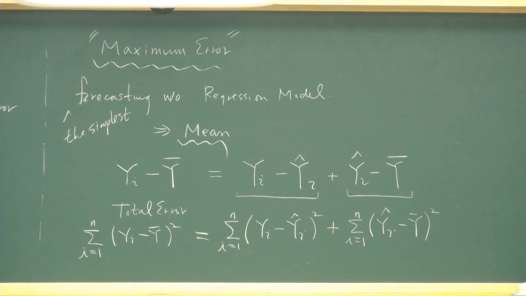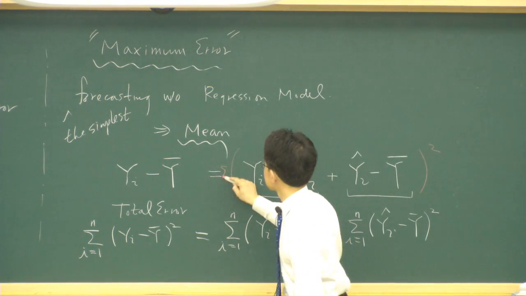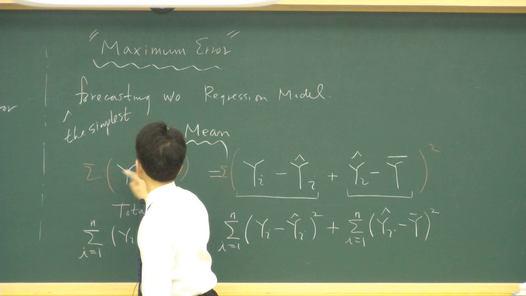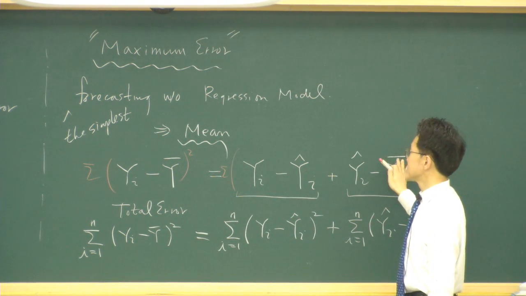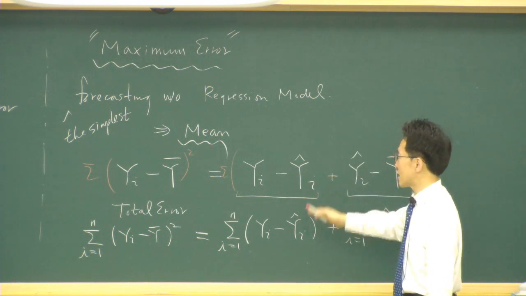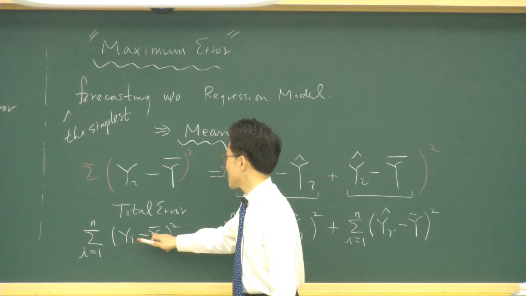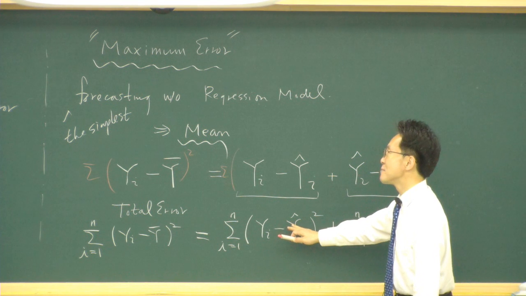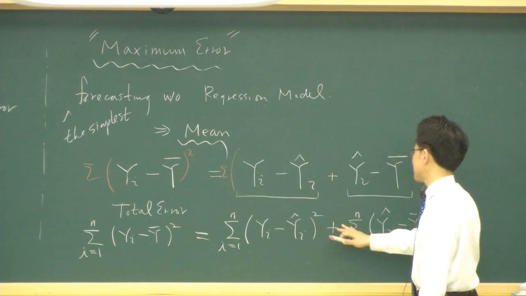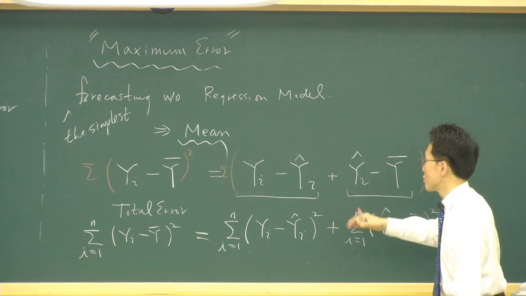What happens is that you take the square and take the summations here, but because of some statistical independence, some of the cross terms are cancelled out, and then eventually we will have these three terms. The sum of yi minus y bar squared equals the sum of yi minus yi hat squared plus the sum of yi hat minus y bar squared. Because some of these interaction terms will go away.